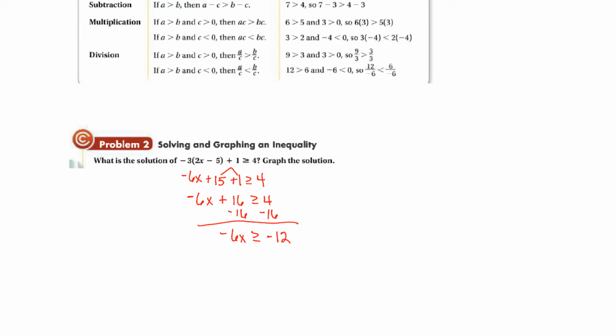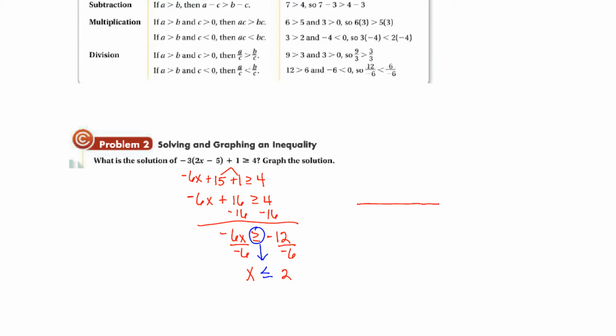Now I divide both sides by -6. This is our key difference. Note we're dividing by -6, which means I need to switch the direction of the inequality symbol. So I end up with x is less than or equal to 2.